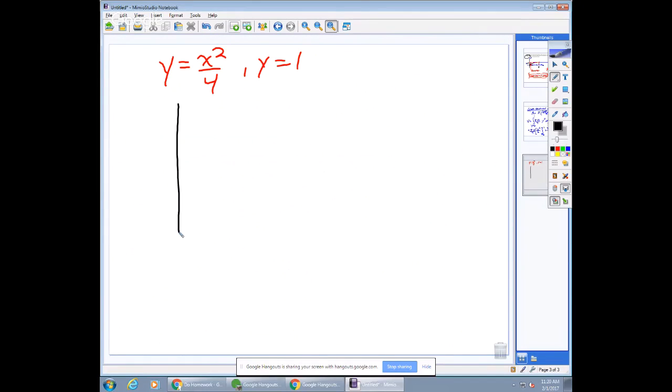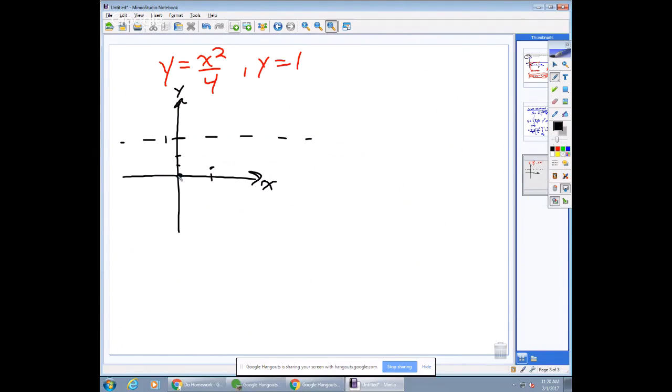So let's see, y equals 1. So let's put 1 right there. And then x squared over 4. So if x is 1, y is 1/4.